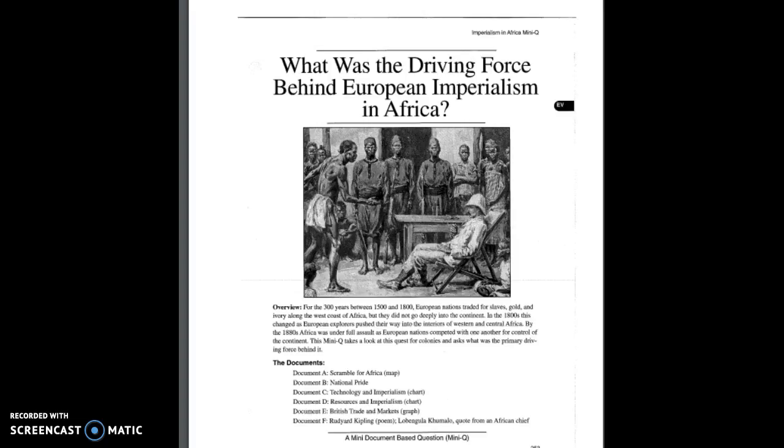Specifically, actually using the information from the documents to show one of the driving forces. So, for example, we could put that in quotation marks from document B. "England must seize every piece of land they could step foot on." Parentheses, document B. The continent of Africa was divided up between 7 European countries, which include Great Britain and France having most of the land.